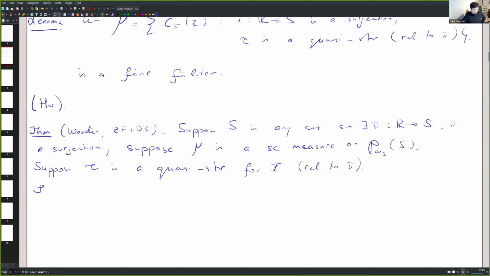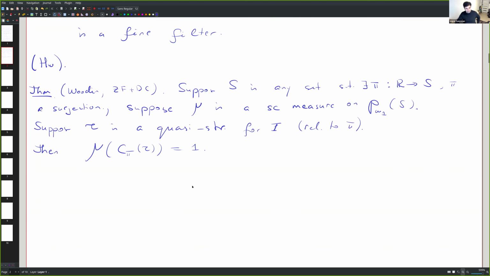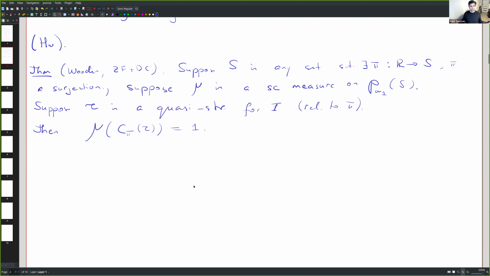Then the set we define, this club, let's measure that. And so the filter that we generate with these sets, no matter what supercompactness measure you take, they always have measure one. Okay, so proof.